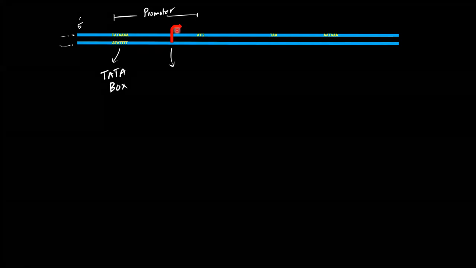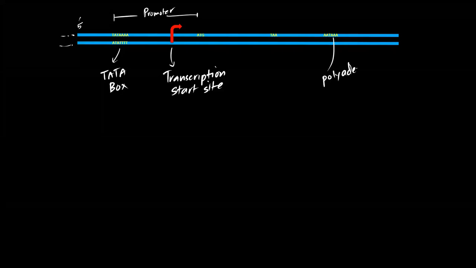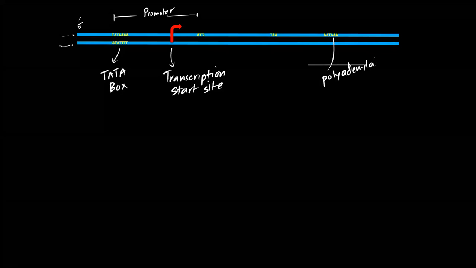This curved arrow indicates the transcription start point, or start site. And here we have the polyadenylation signal.